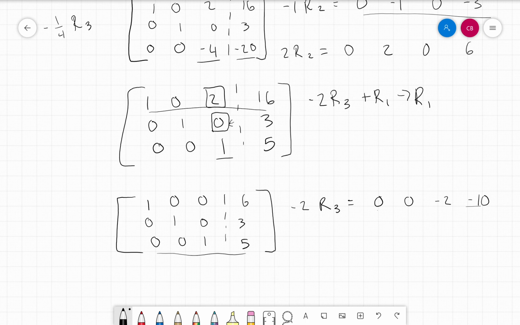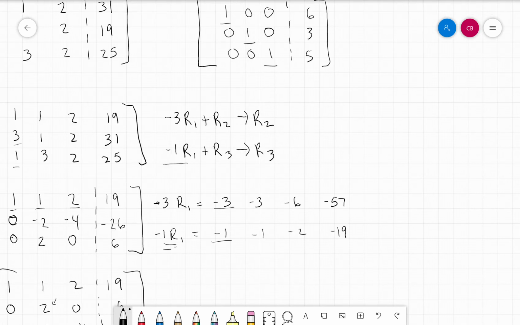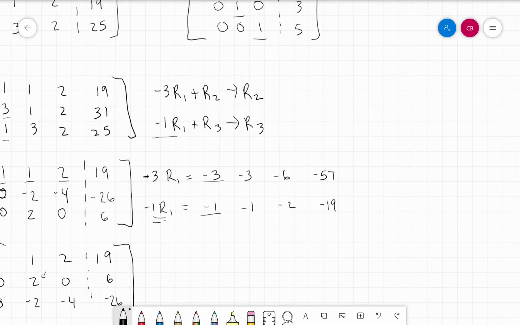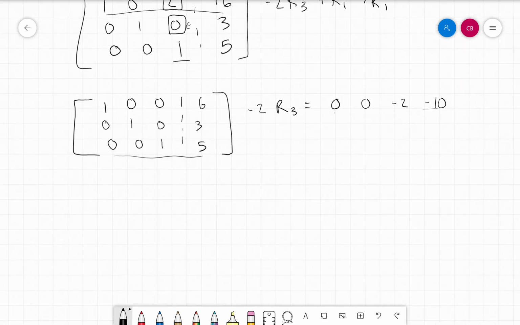And so what you can see is if we look up here, that was what I said originally we wanted to get for our answer. And so we have completed the operation. All that this says is, notice this is the x column, this is the y column, this is the z. This says 1x equals 6.